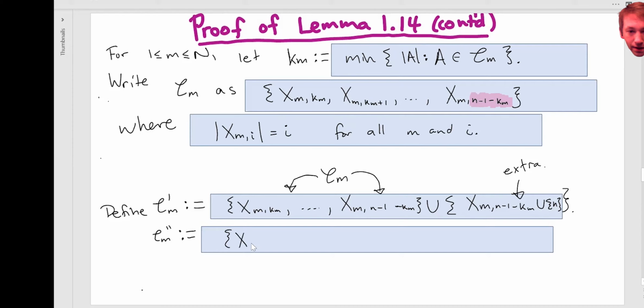I'm going to take all the ones I didn't add n to in the previous one, and add n to them, all the way up to, I'm not going to add n to that last one because that one's already represented in the previous chain. So it's going to be n minus 2 minus k_m, union n.